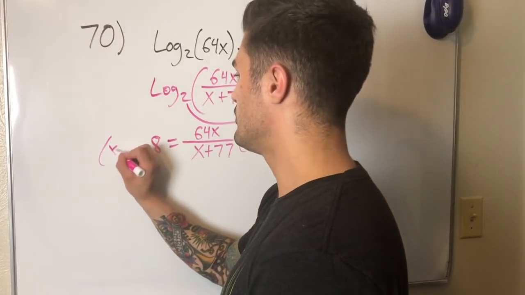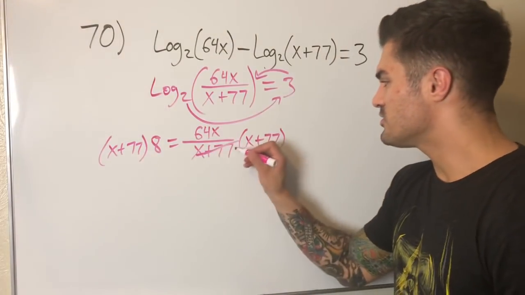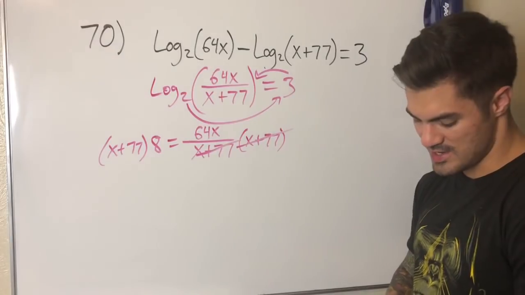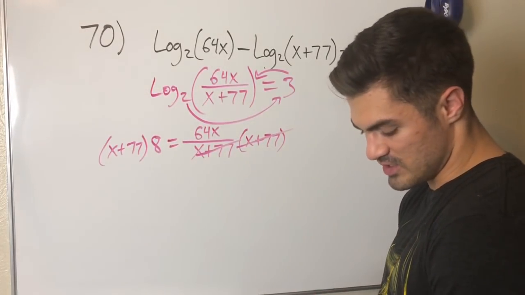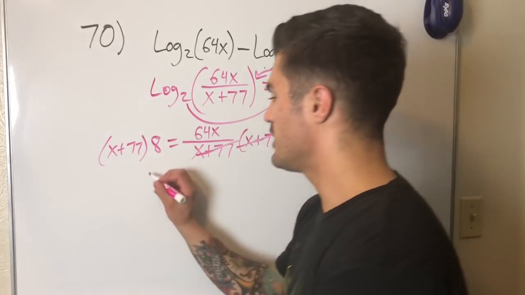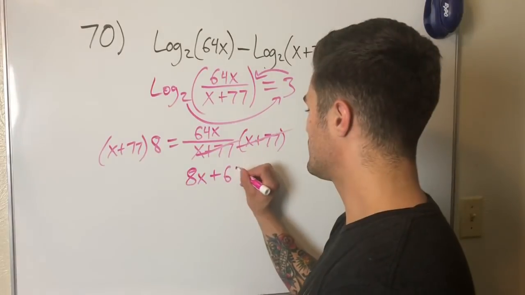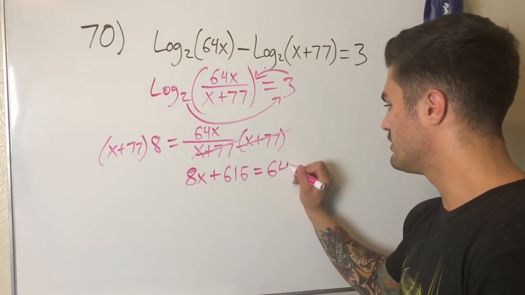All right, if I do that to both sides, x plus 77, then that cancels the denominator. That's exactly what I wanted. Now I got to distribute this 8. So let's see, I get 8. Let me check because I wrote this down earlier. 8 times 77 is 616. So I end up with, I'll write it down here, 8x plus 616, and this still equals 64x, all right?